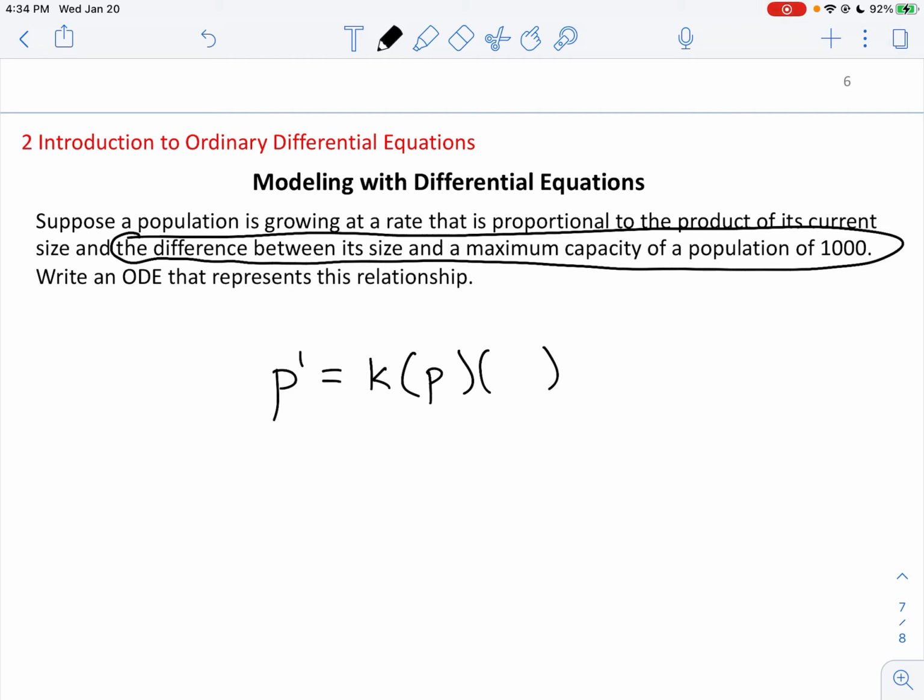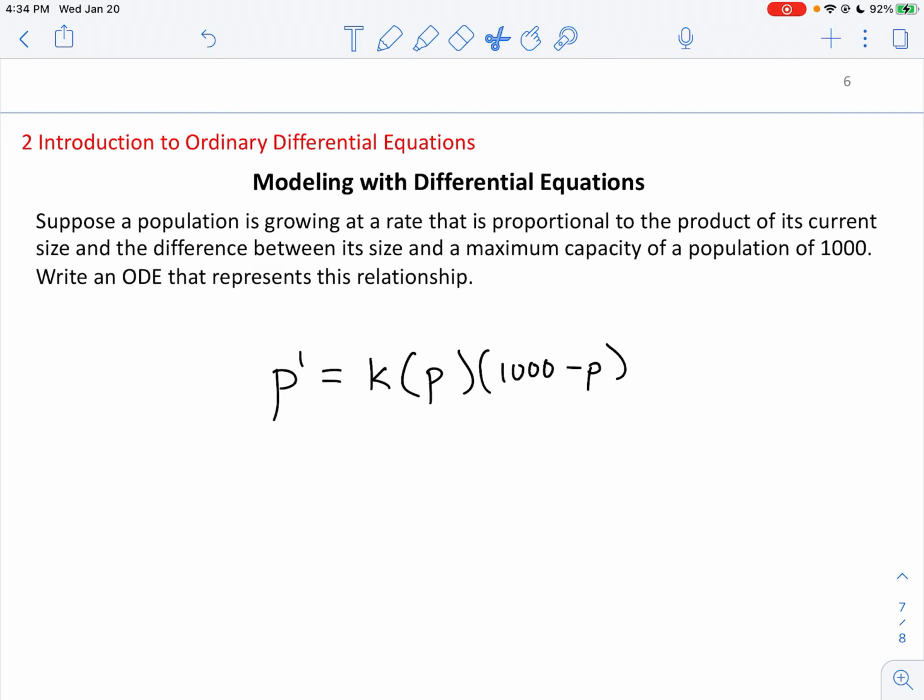So we're assuming the population is below the maximum capacity. And if the max capacity is 1,000 and population p is below that, then their difference would be 1,000 minus p, as opposed to the other way around, because then we don't want this model to suggest that we are over the max already. Let's assume that we're not over the max, that a population is under the max and still growing. So this is the differential equation that results.